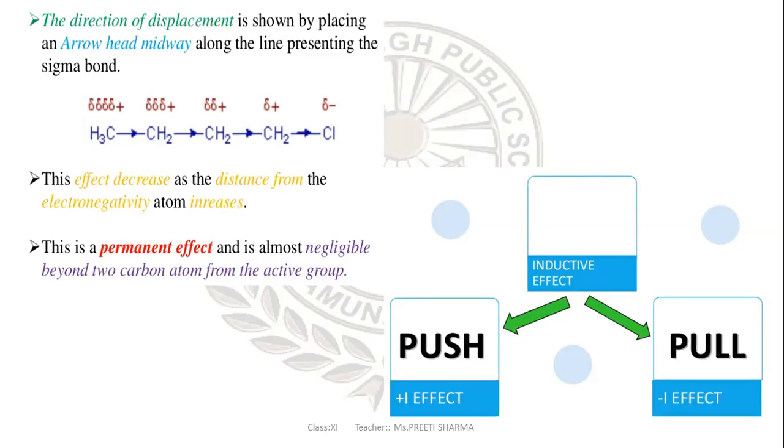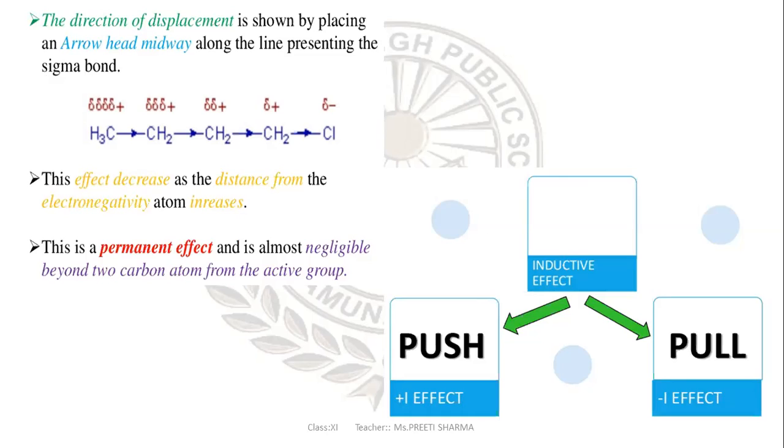So we can say, based upon this, we have two types of inductive effect. One is plus I effect and second is minus I effect, right? Plus I effect means push the electron towards the carbon chain, right? Because a donating group is being present at the end of the carbon chain. And minus I effect means pull, to attract the electron towards itself, right?